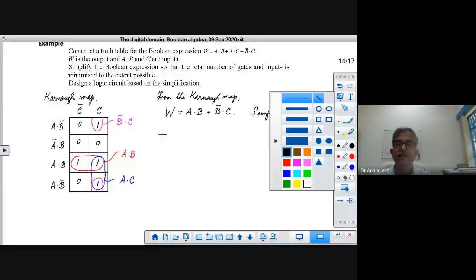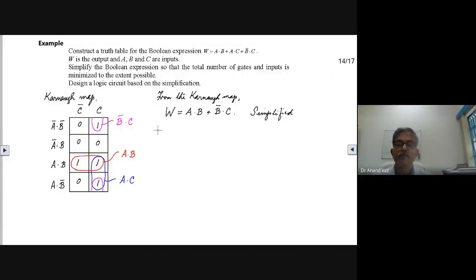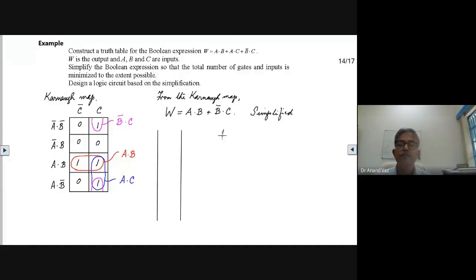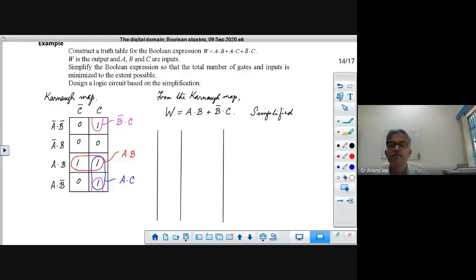We will have these three inputs. We have A, then we have B, and C. And we will have the gate.